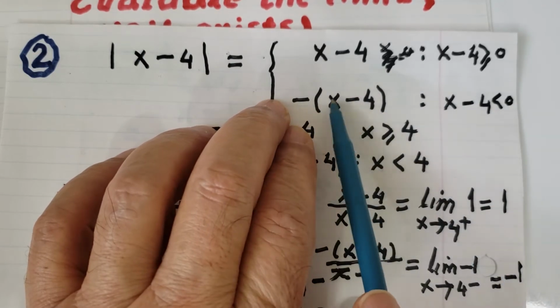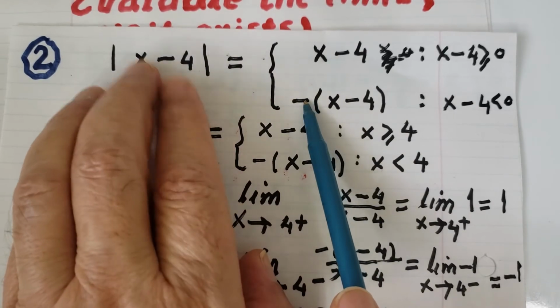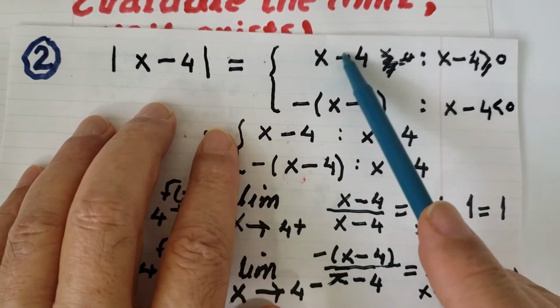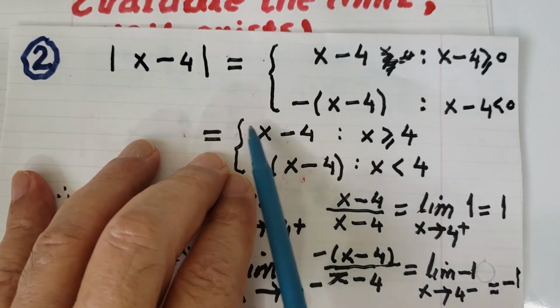This makes sure negative times negative will be positive. So the absolute value will never be negative.